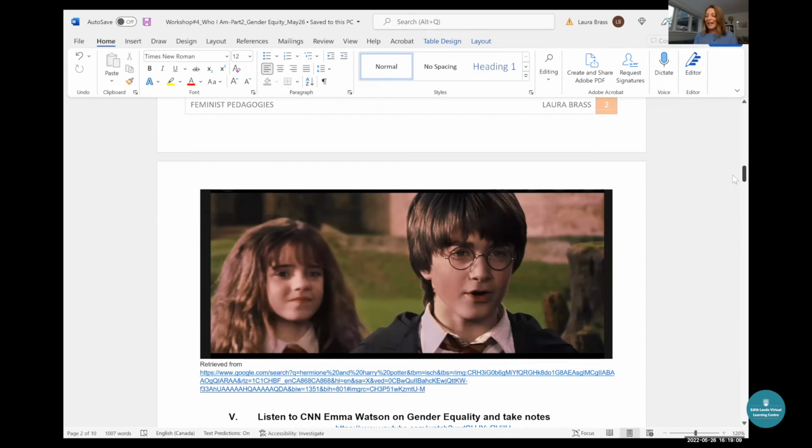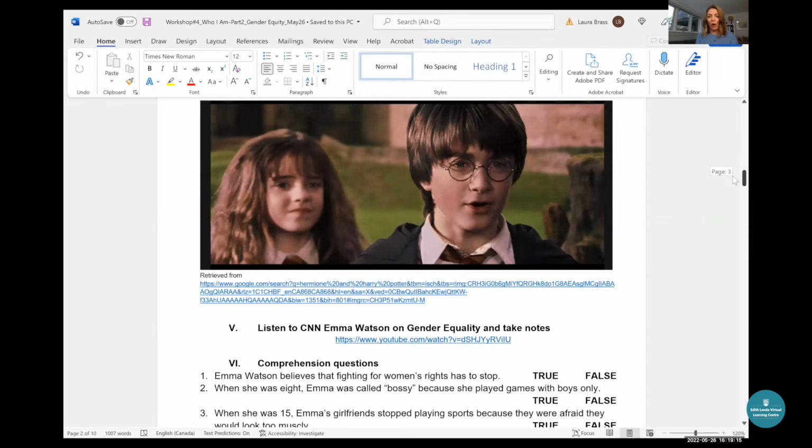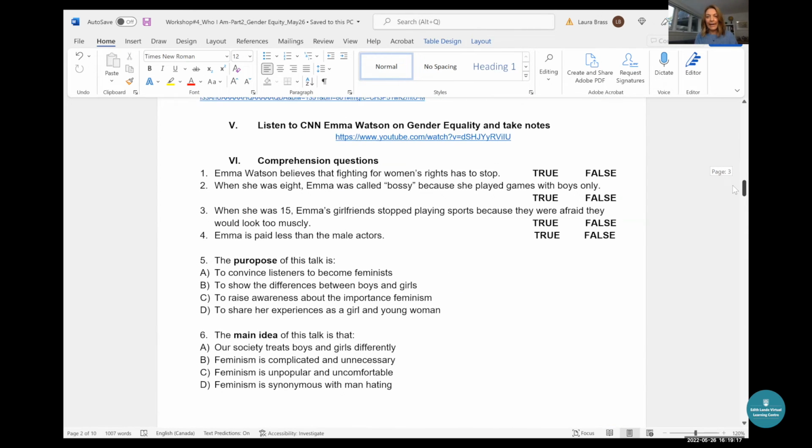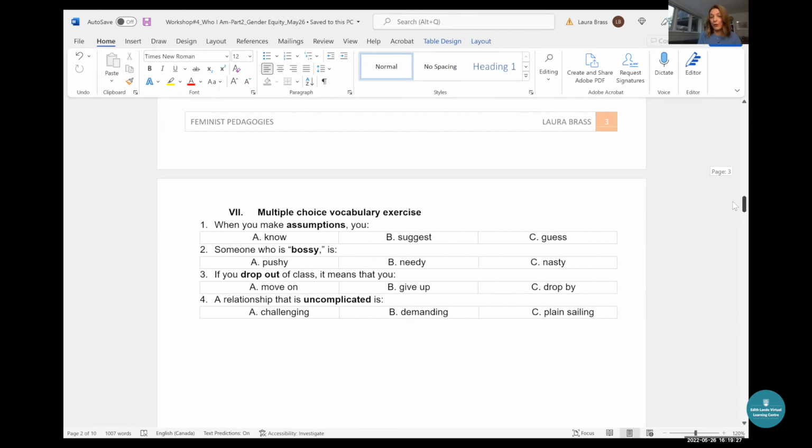Okay. We are going to listen to her talk about men and women equality. It's a very short talk. And again, we will listen to it twice, and this time we will answer some comprehension questions in terms of true and false, purpose, main idea, and a little bit of vocab.